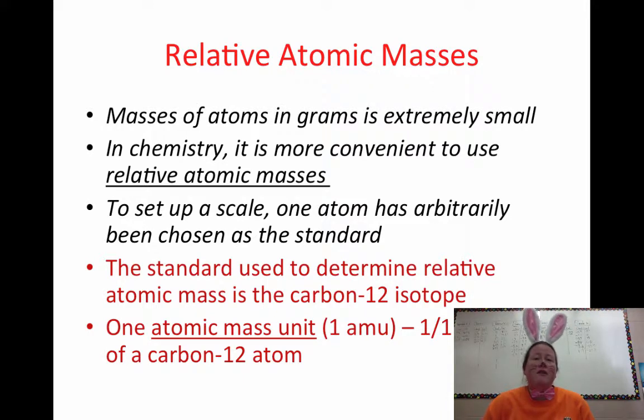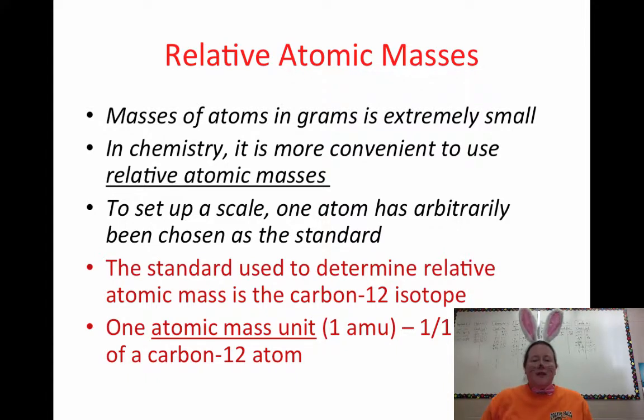So this video is going to talk about the relative scale designed to measure atomic masses, also how the periodic table number of atomic mass is actually an average mass of all of the isotopes of the element, and I'm going to teach you how to calculate the average atomic mass of the element. So we're going to go through a couple practice problems to prepare you to do more practice in class.